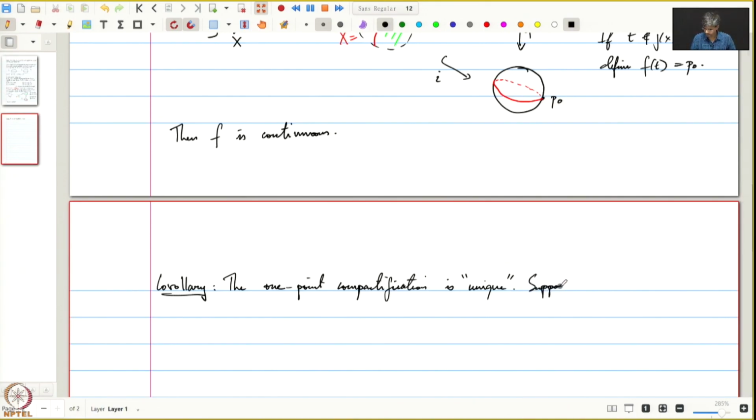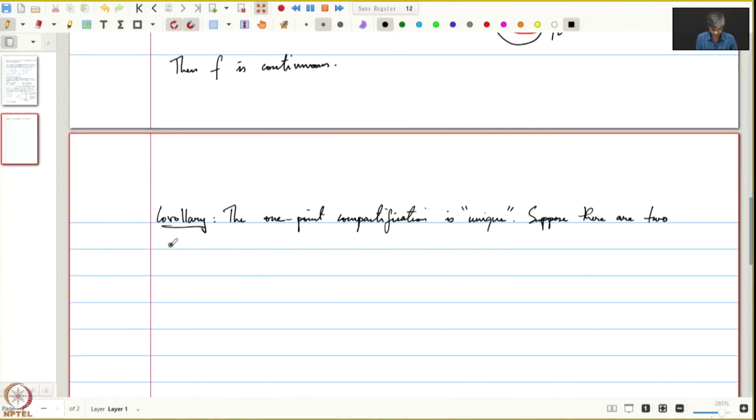Suppose there are two compactifications. So we have X over here, and here we have this inclusion I from X to X hat.